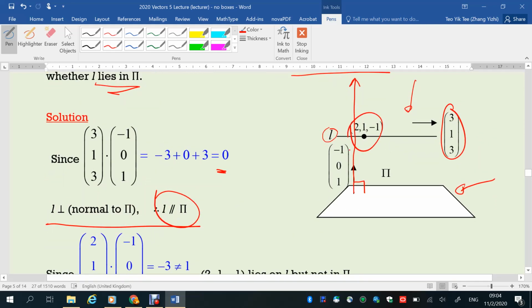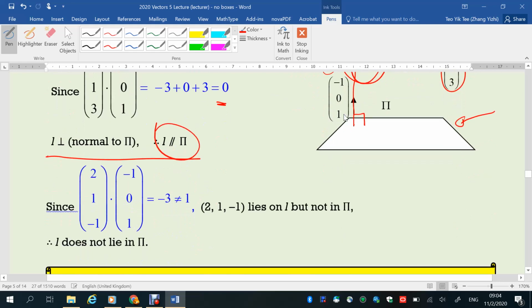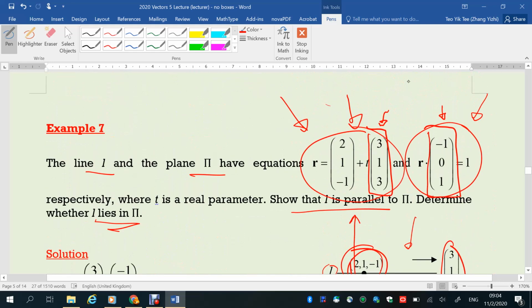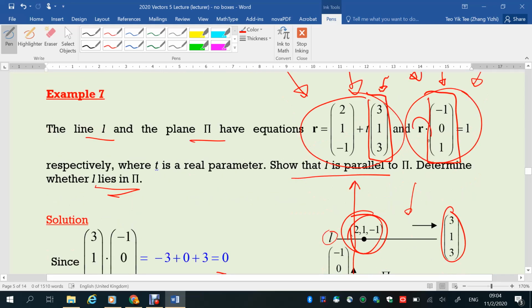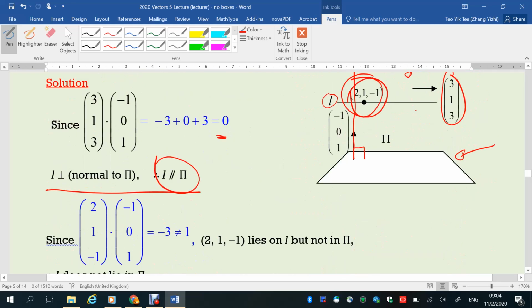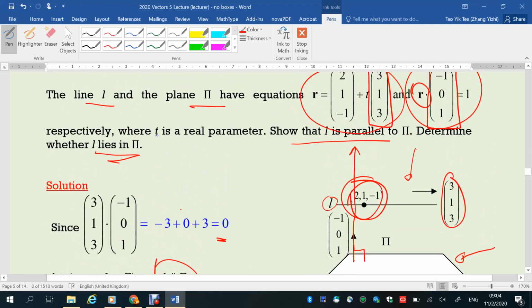So I'm going to substitute 2, 1, minus 1 into the equation of the plane. Okay, equation of the plane is here. Replace r by 2, 1, minus 1. So I pump it in, I check. Actually, I get minus 3. And it does not equal 1, because the equation of the plane says that it must equal 1.